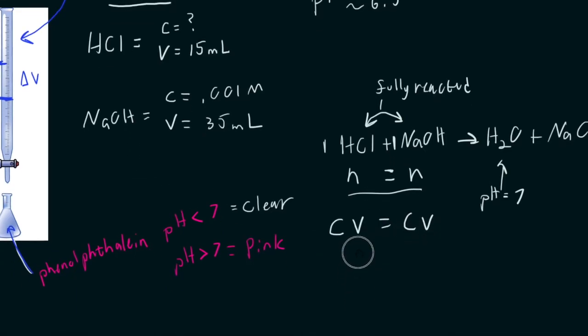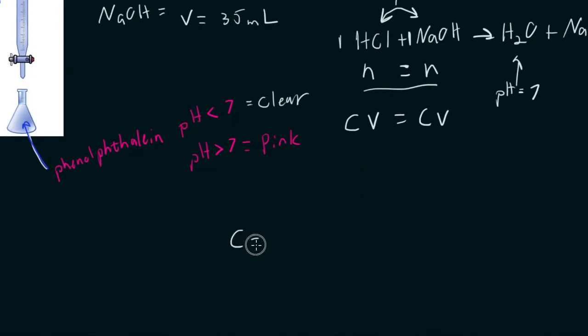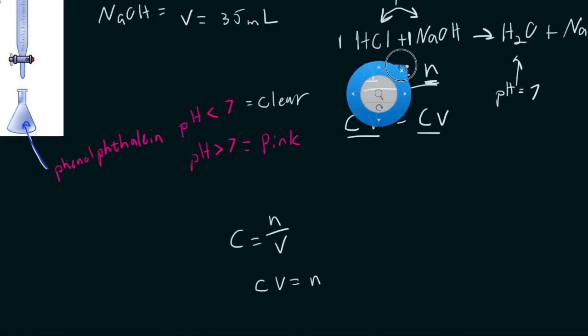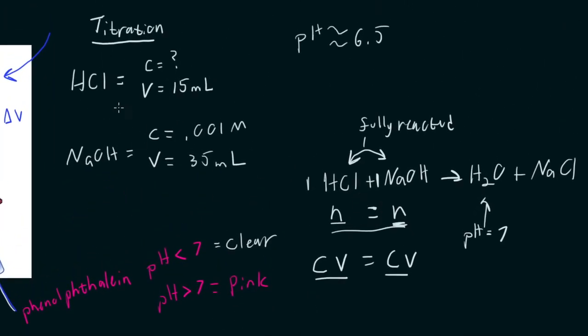Why is that? Well, remember, our concentration is just equal to the number of moles divided by volume. And I can rearrange that to say that the concentration times the volume equals the number of moles. And since the number of moles here is equal to the number of moles here, it stands to reason that CV will equal CV. And so once I have that, I can take all of these numbers over here. I can take this unknown concentration, leave it in.